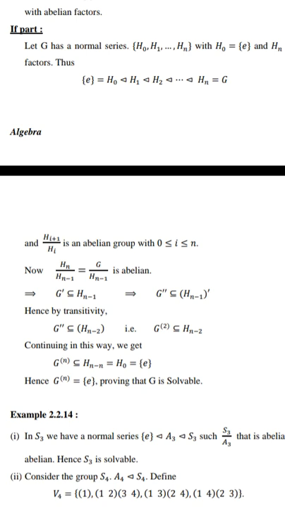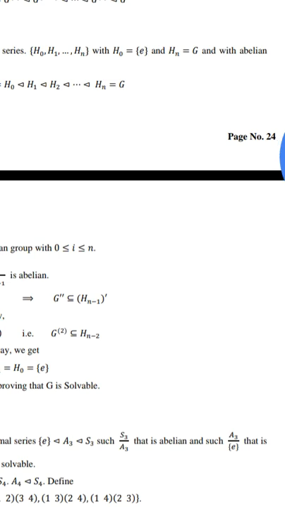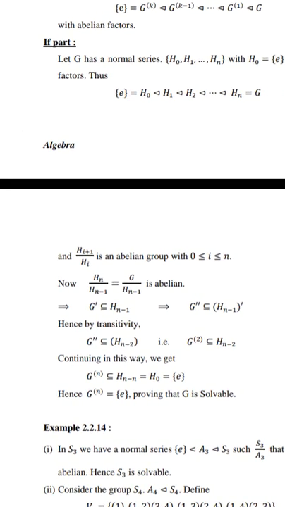If part: suppose G has a normal series H0, H1, ..., Hn with H0 equal to singleton E and Hn equal to G, and with abelian factors.